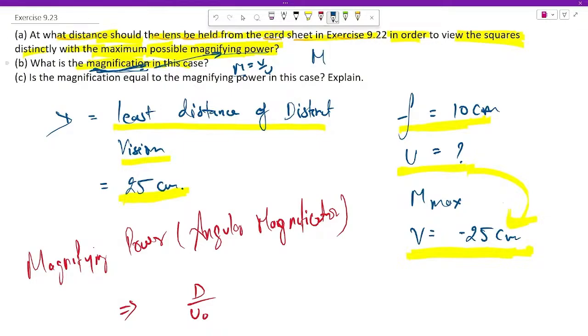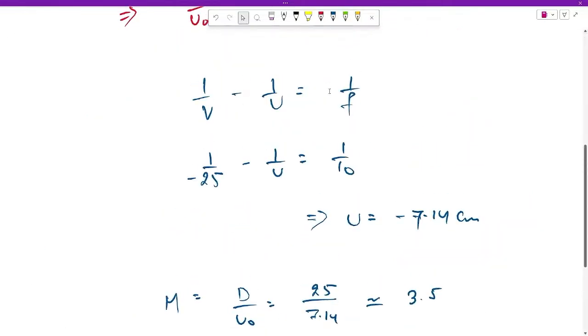So we have the formula ready that is to be used, that is the lens equation: 1 by v minus 1 by u equals 1 by f. Here we can put the value of v as 25 centimeter, and with sign convention it would be minus 25 centimeter. We have to find out the value of u, and the value of f is given, that is 10 centimeter. The value of u from this calculation is minus 7.14 centimeter.